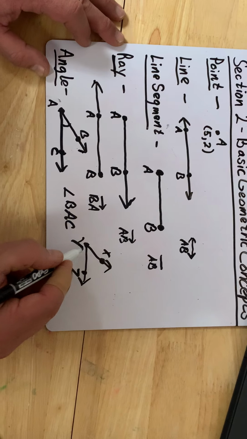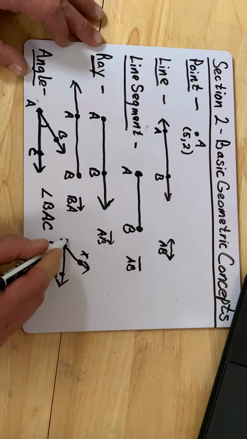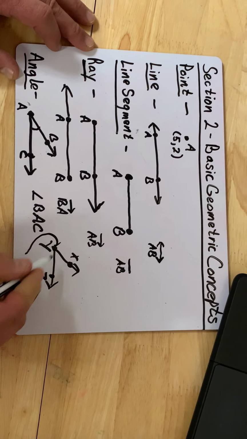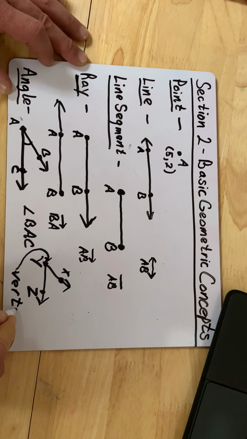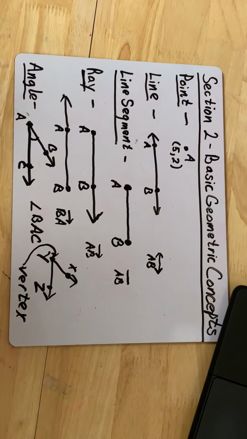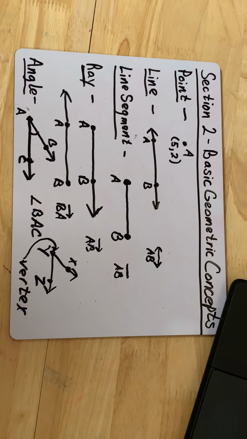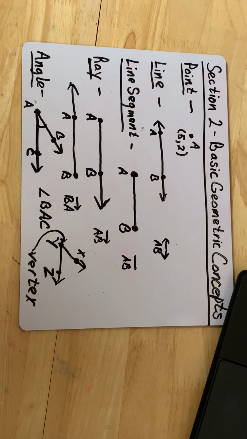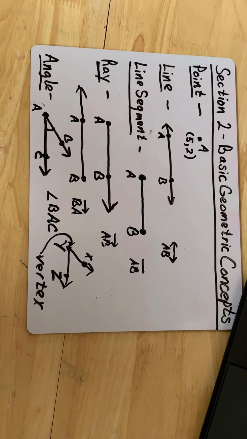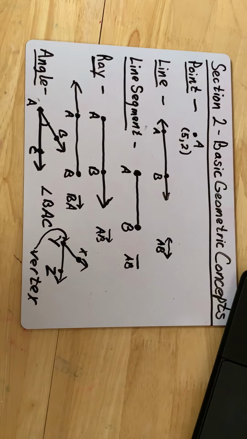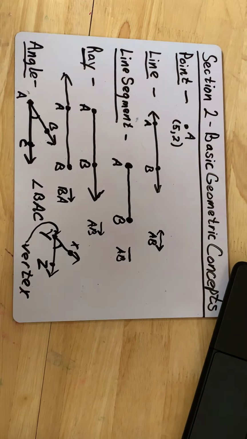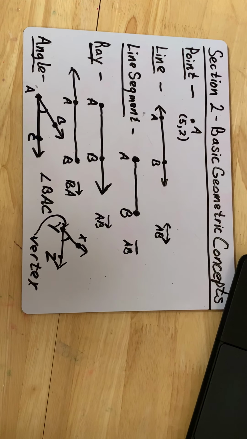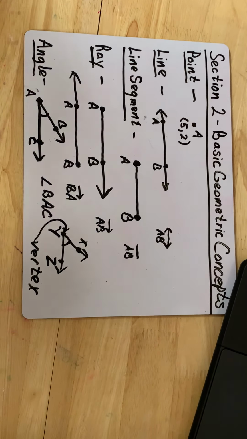Well, it's point Y. So point Y is the vertex. An angle has 3 points, basically 2 rays that share the same endpoint. Okay, now moving on.